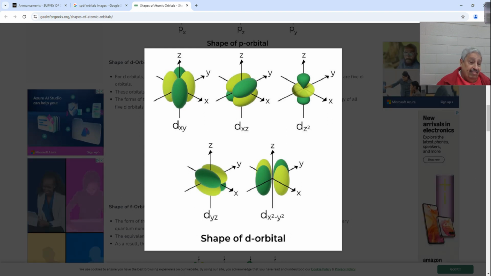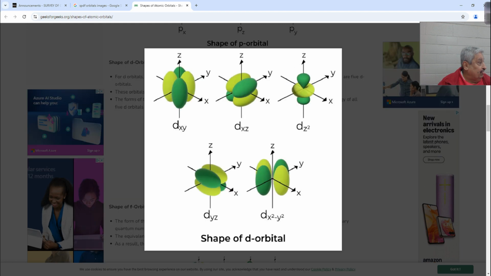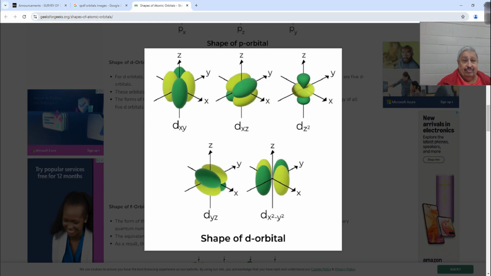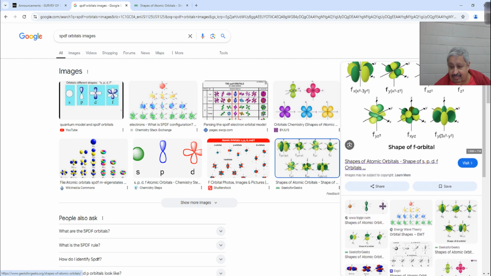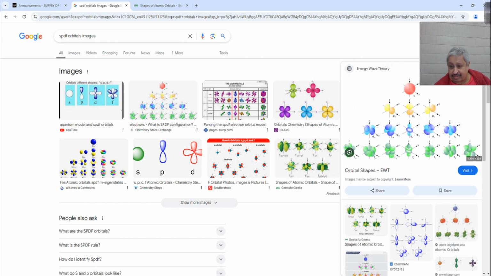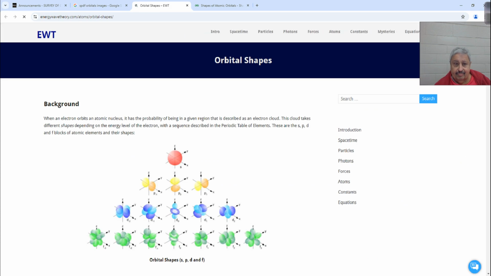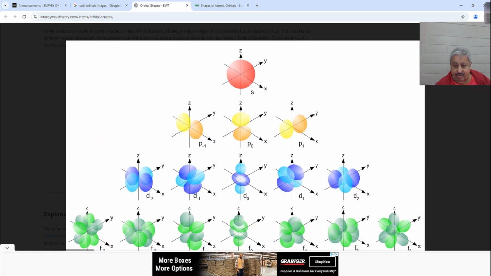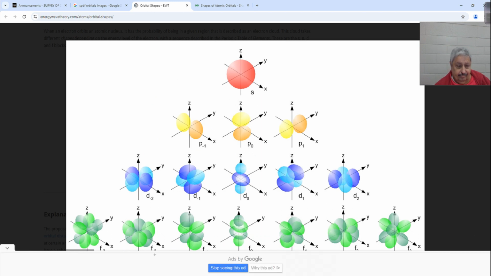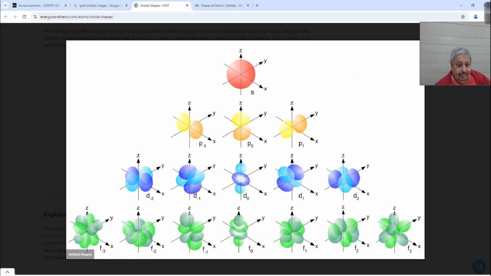Now, the f shape, don't worry about it. It's very hard to visualize. If we have an f orbital here, I can show you maybe this picture. You can see how complex it is. The f has 7 suborbitals. How many? 7.